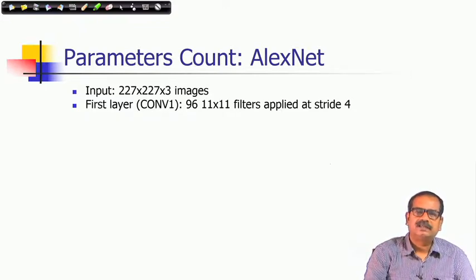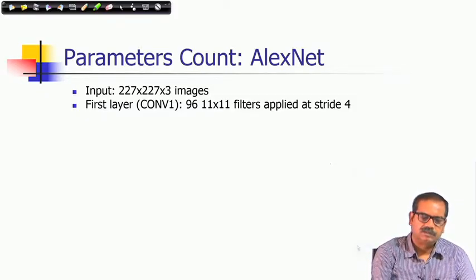In the first convolution layer, there are 96 filters, each of size 11 cross 11, applied with a stride of 4. So, the gap between two samples in the input pixels, that stride, should be 4. It should leave 3 samples, and at the 4th sample it should operate with the convolution operation.